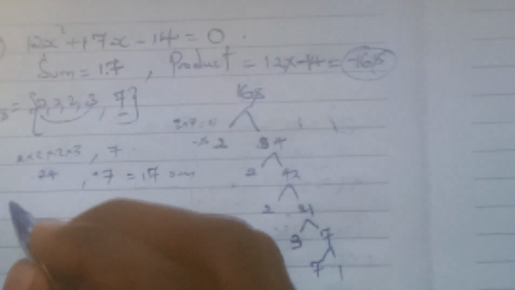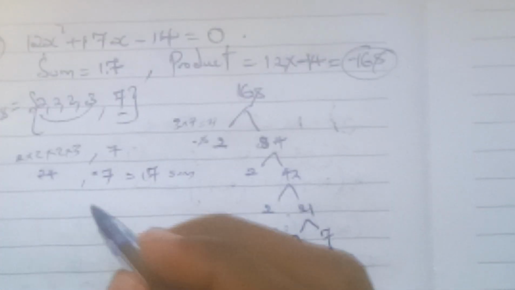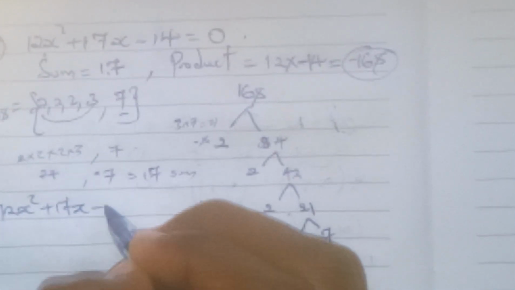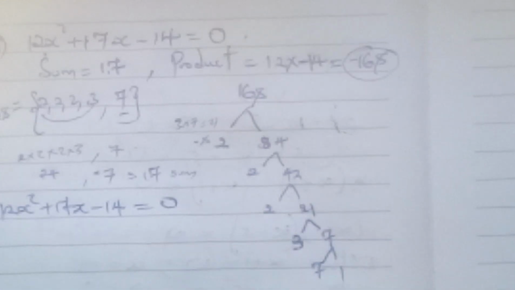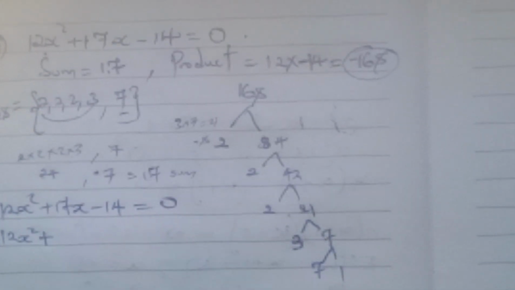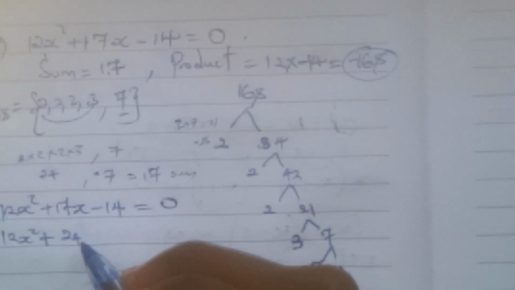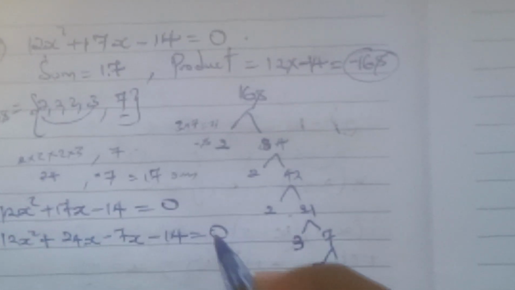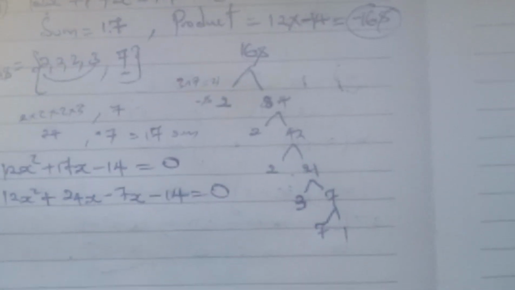So that means this bulky expression 12x squared plus 17x minus 14 equals 0 will now become 12x squared plus 24x minus 7x minus 14, giving us 0.